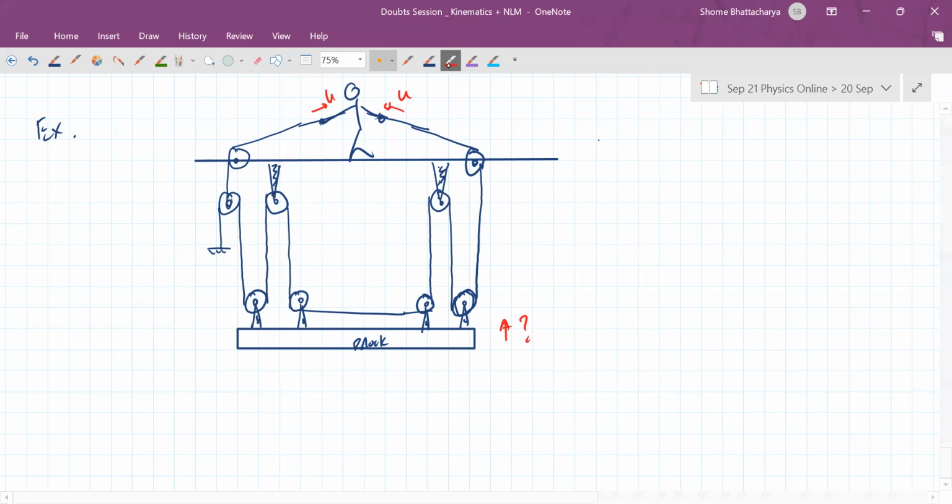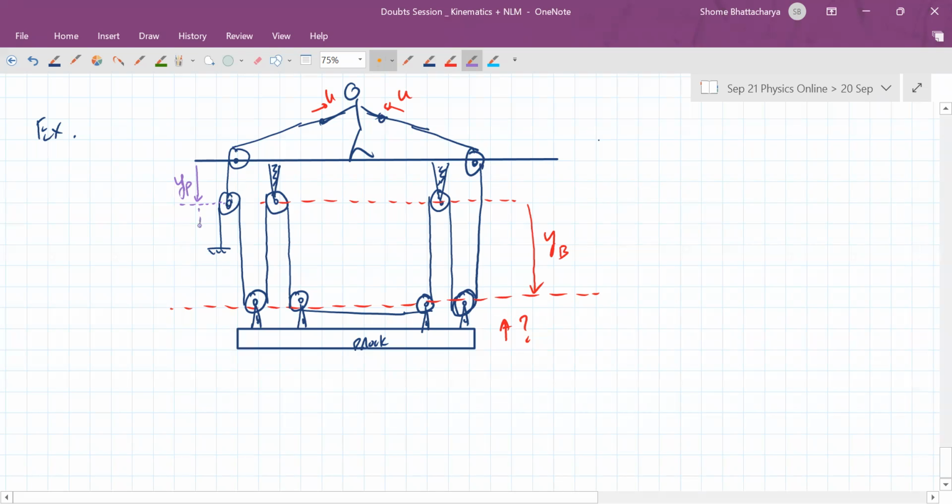Find this. Okay. So what you first of all see is that these pulleys, with respect to this level, let's say, are all at a distance of, let's say, yb. And this pulley from here is at a distance of yp.